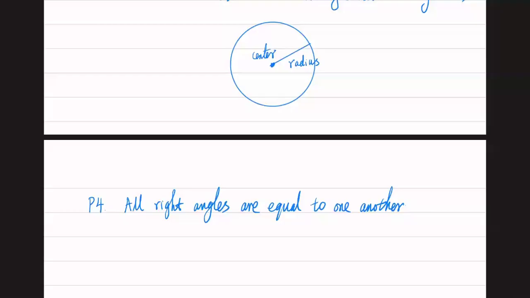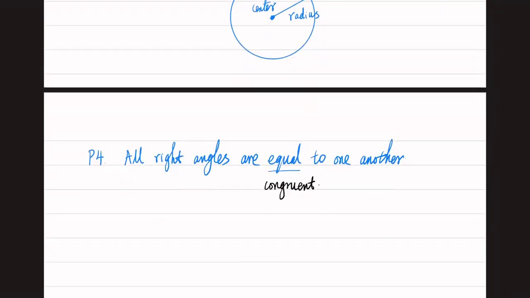So here we use equal. Some of you may prefer congruent. Okay, so now it's the term. When do we say congruent? When do we say equal? Two angles.